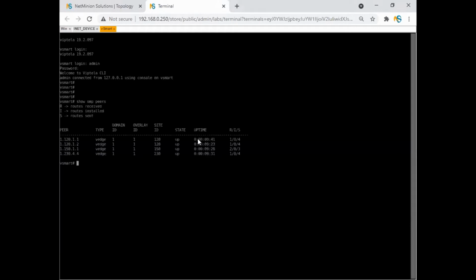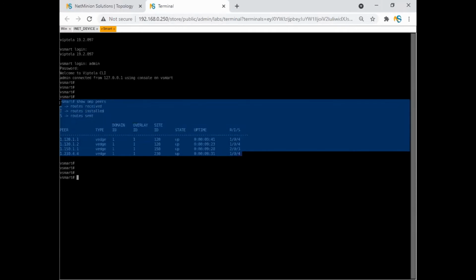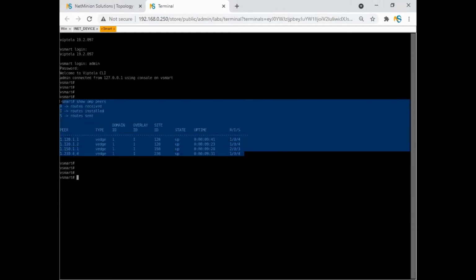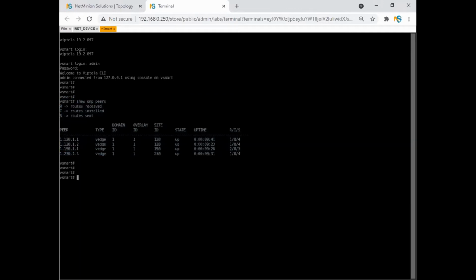Let me quickly log in over here and see the same thing. It is admin, and if I run show omp peers, are you able to see all of those 4 devices which we were checking over there? It is 121, 122, 150, 230, all of them are showing as the OMP peer. Is it fine, guys? Getting this point?